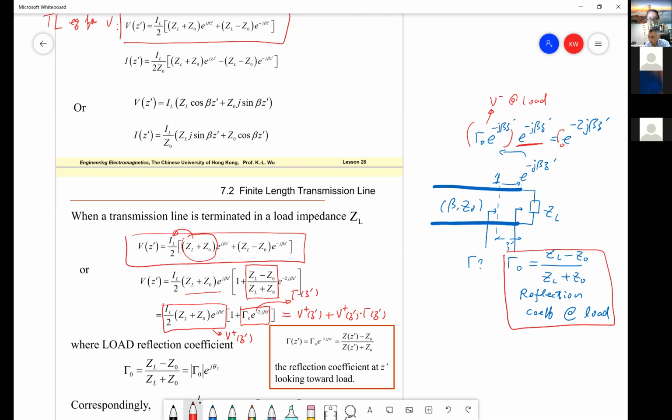Or you can call this V minus at Z prime. If I interpret what this voltage is, this is what that is.